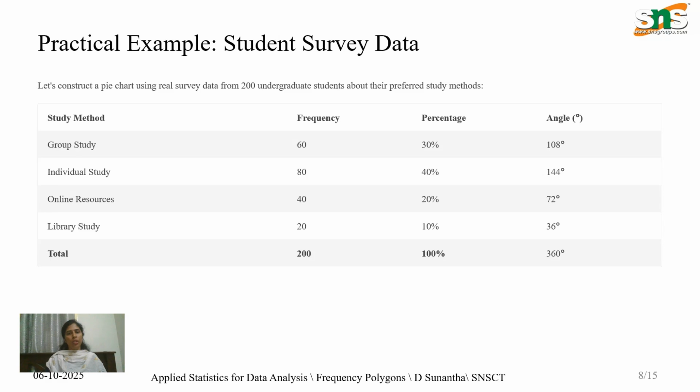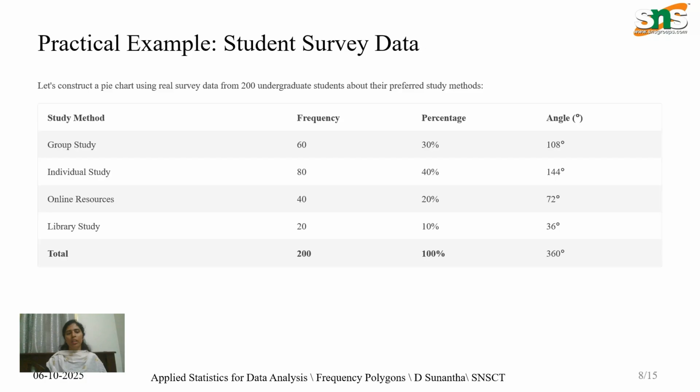Here, we consider 200 undergraduate students who perform different study methodologies: group study, individual study, online resources, and library study. 60 students perform group study, 80 students perform individual study, 40 students perform online resources, and 20 students perform library study. On adding all the frequencies, we get 200.